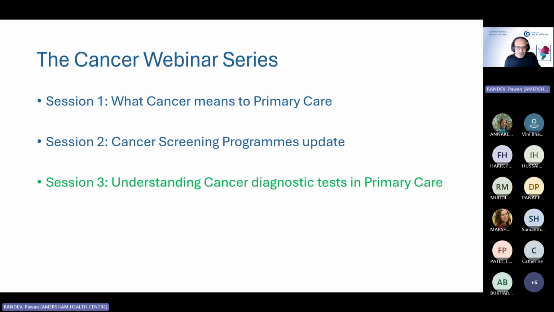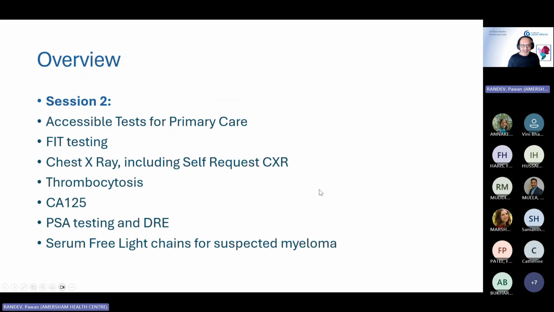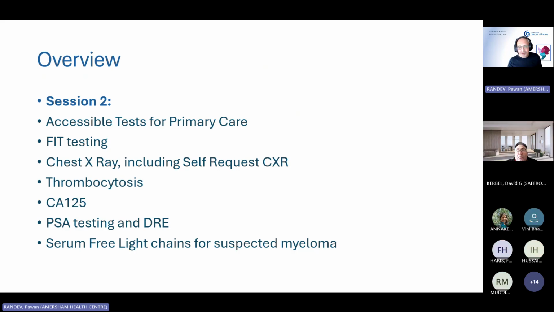Today, we're in the third of the 3 webinar series, and we're going to be talking about understanding cancer diagnostic tests in primary care. This builds on our first 2 sessions around cancer in primary care and the update on cancer screening programs. Now, when it comes to thinking about cancer diagnostic tests, I'm going to run through a few elements, and an hour unfortunately isn't quite enough time to go through absolutely everything.